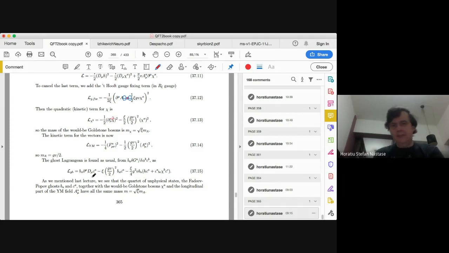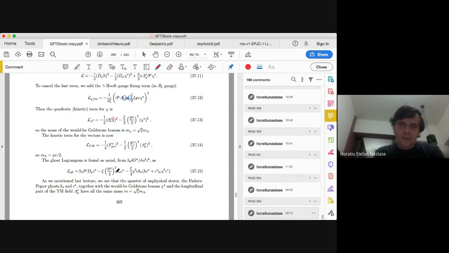So the first part is b-bar^a d^mu D_mu c^a, and then the second part comes from the variation of chi^a.